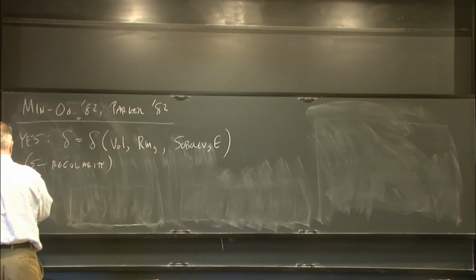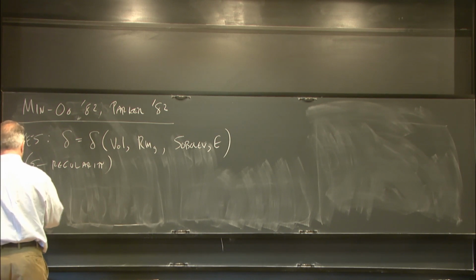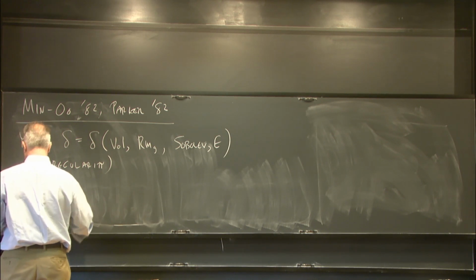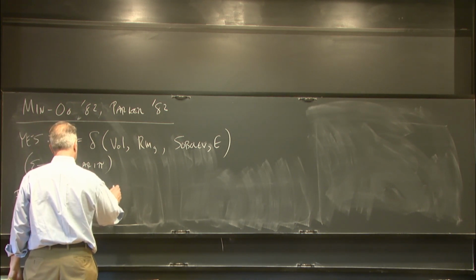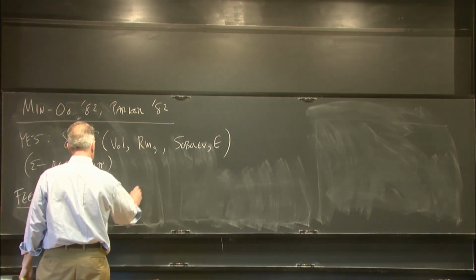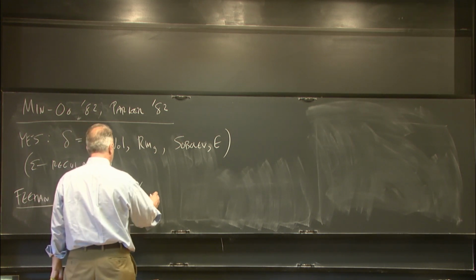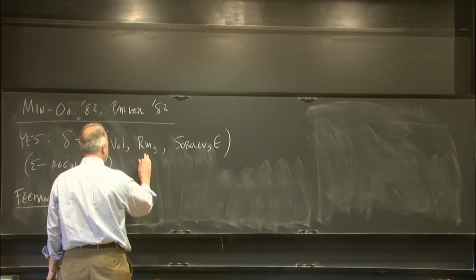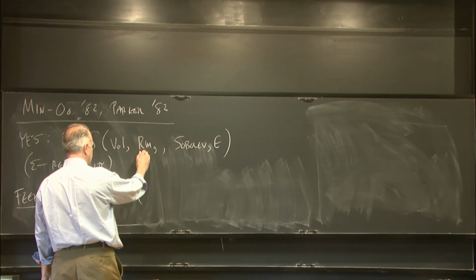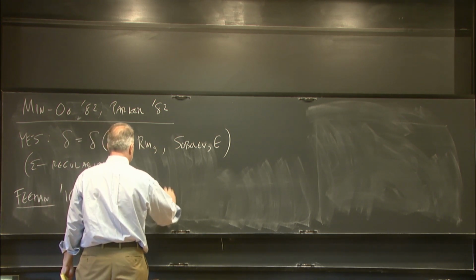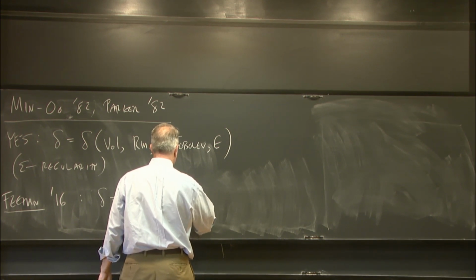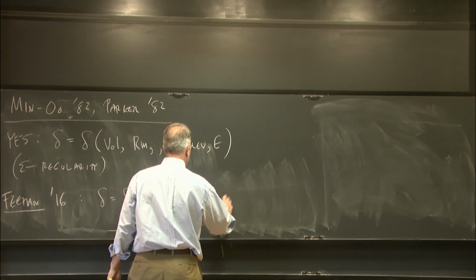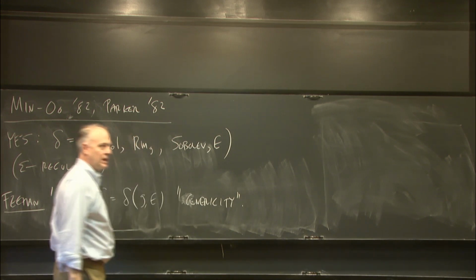And then more recently is Feehan, so this would be 2016. Again, the dependence is kind of complicated. But Feehan drops this positivity condition, and he replaces it with a kind of genericity condition on the metric. So he defines what he means by a good metric, and he shows this is a generic property.